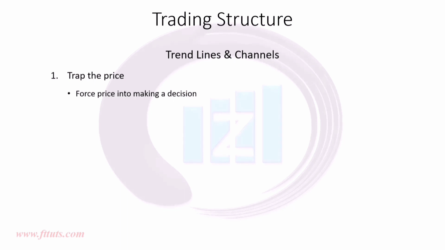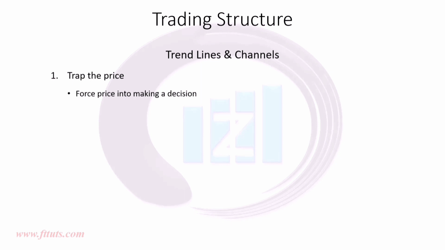If it breaks through that trend line, then the trade is invalid, and we either need to adjust the trend line or look for price to go in a different direction. If not, the best case scenario is that it rebounds, bounces off of that trend line or that channel wall and then continues into the direction that we want it to go, like straight into profit.